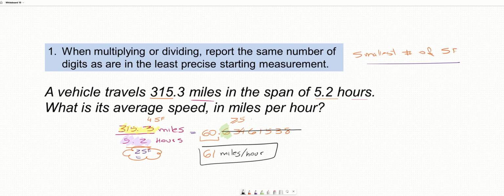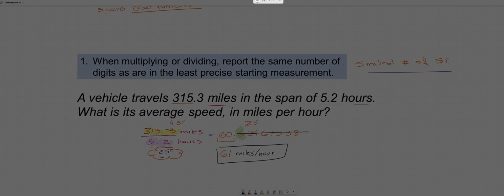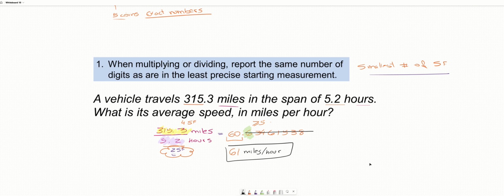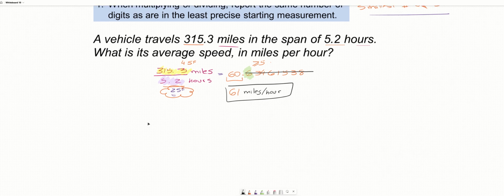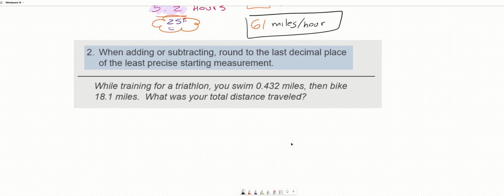So what about when you have addition and subtraction? Let me bring one example from the Macmillan book, a different book from ours. Every time you have to add or subtract, you round to the last decimal place of the least precise measurement.